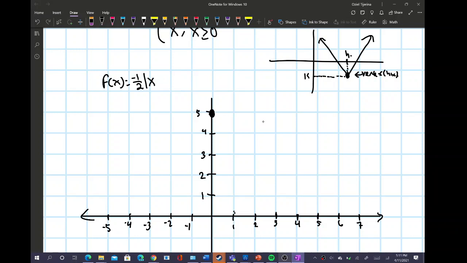Or actually, let's do x plus 1, plus, let's do plus 3, okay? We're just going to do that.